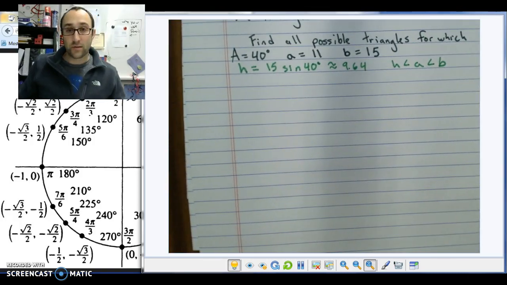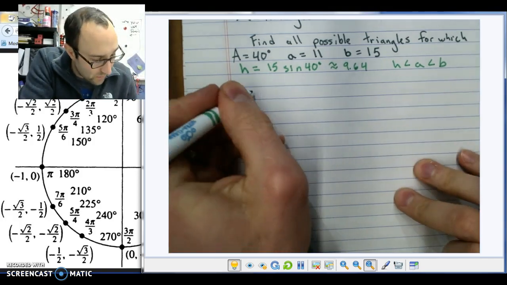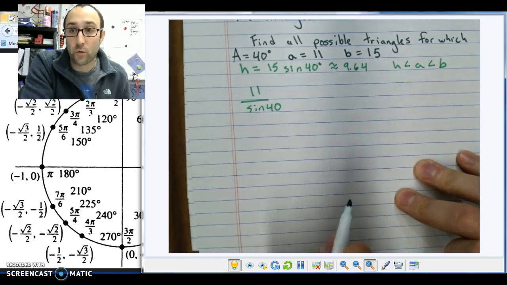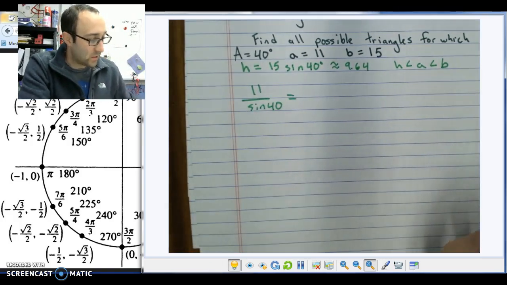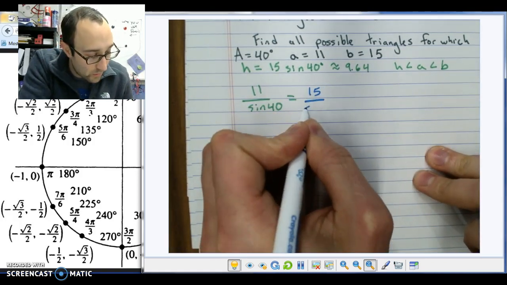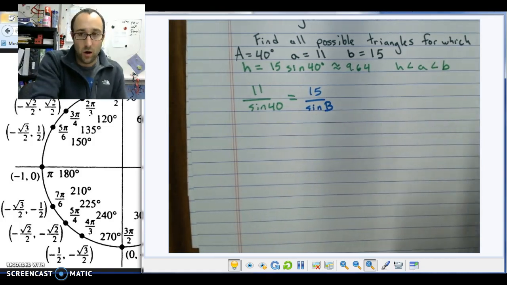So, setup still the same. You're going to use the law of sines. So 11 over sine 40, no big difference from everything we've done so far, equals b, which is 15, over sine of B. Now, I told you in the last video I'm not going to do all the steps this time.